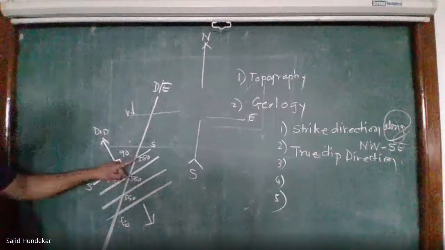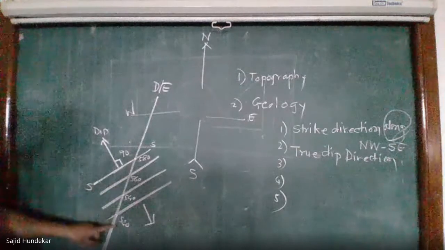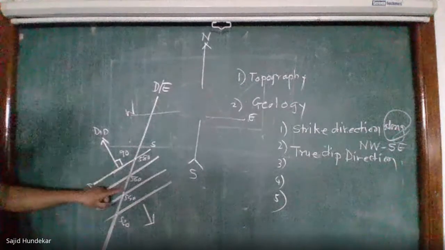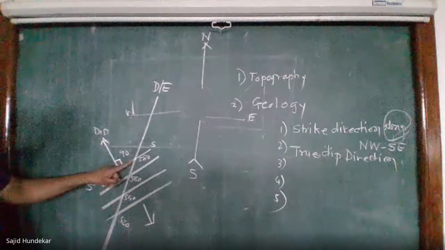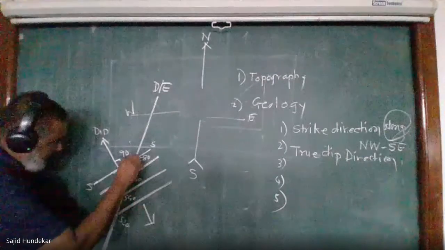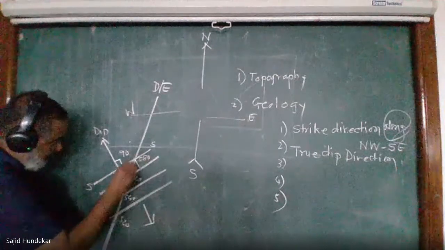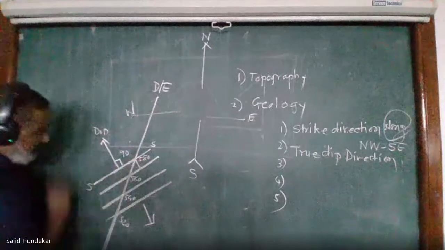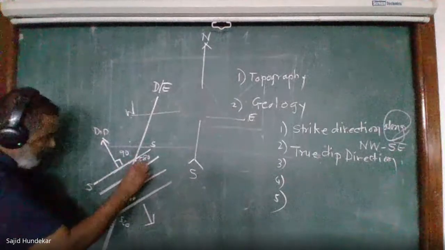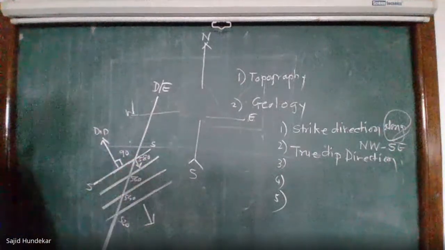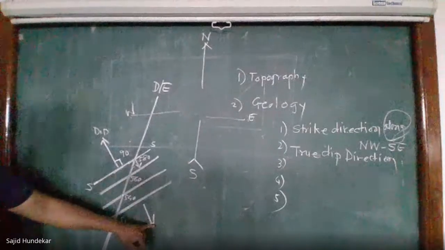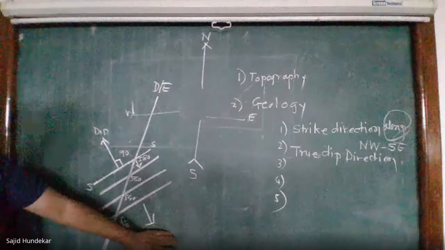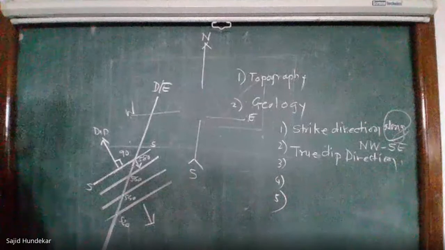That means from this point the value goes on decreasing, meaning stepwise we are going down. So perpendicular to the side, where this side is joined, make an arrow. This is your true deep direction. That is towards south, or rather southeast. So that is the way you have to make it out.